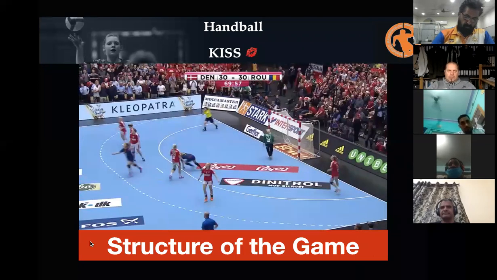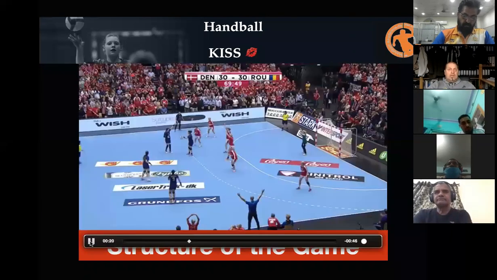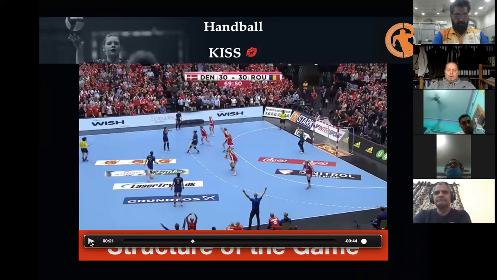So it's a free throw situation, and see now how important this situation was. You can see the result, it's a draw, 30-30, but you see the game time, it's 69:50. So this is the last 10 seconds of overtime in that knockout match.